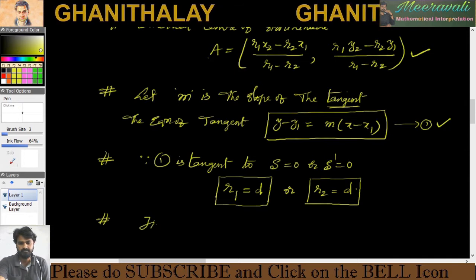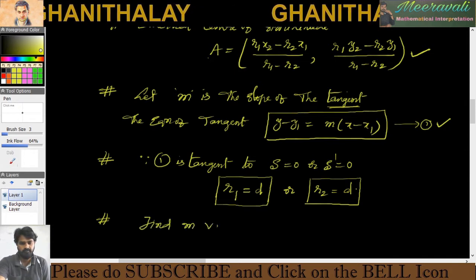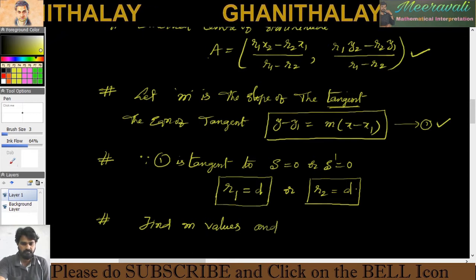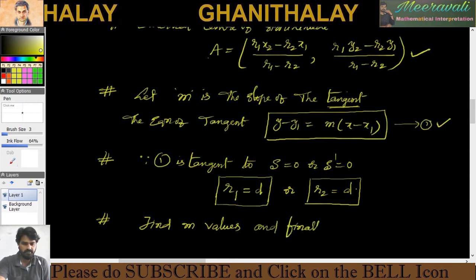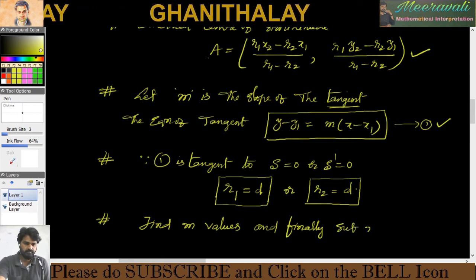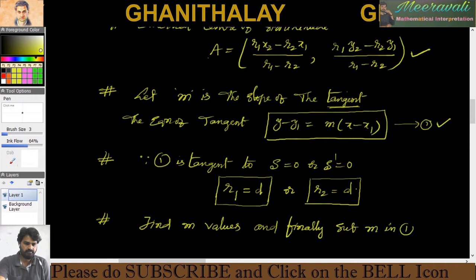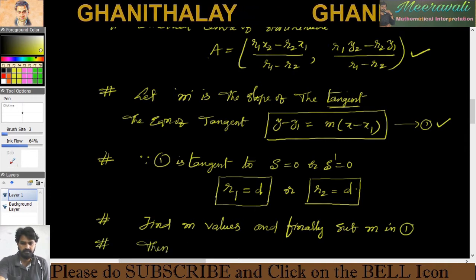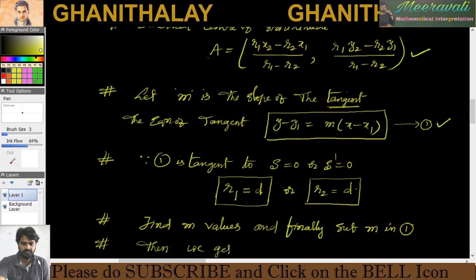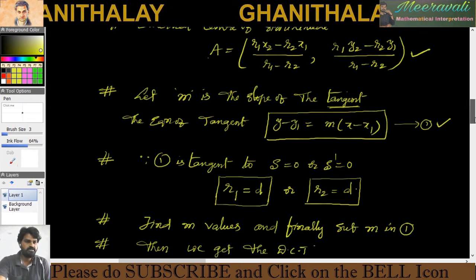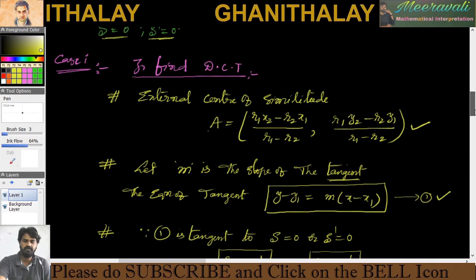Finally, substitute these m values in the first equation, and then you get the direct common tangents. So this is the process to find the direct common tangents.